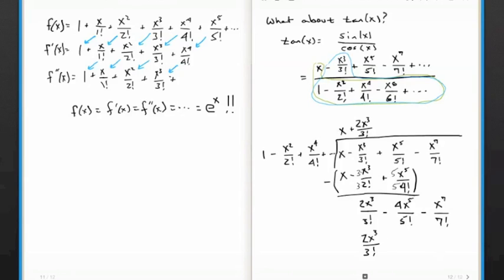Well, let's see, 2x cubed times x squared will be negative 2x to the 5th over, holy cow, 3 factorial times 2 factorial. And then this times this gives me a positive 2x to the 7th over 3 factorial times 4 factorial.